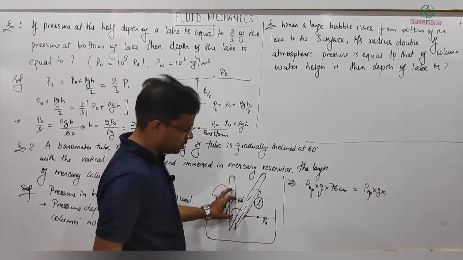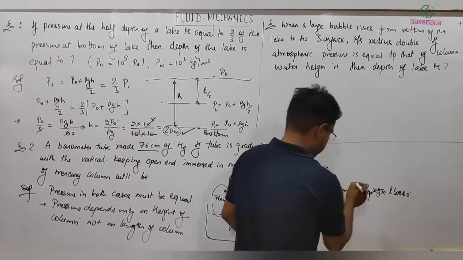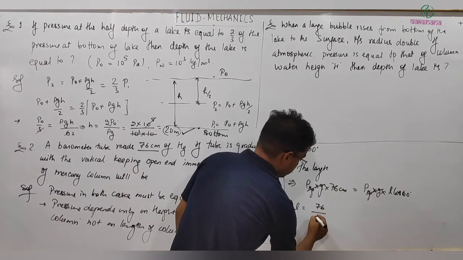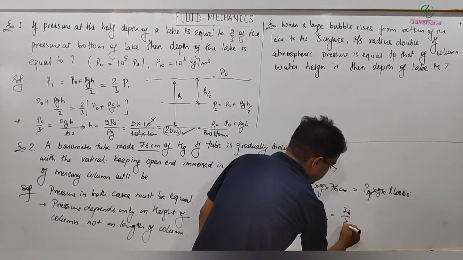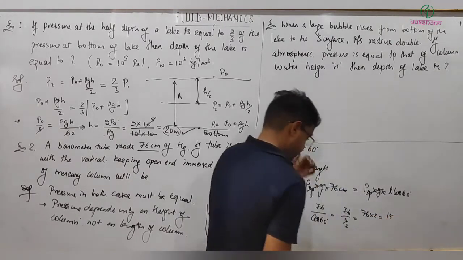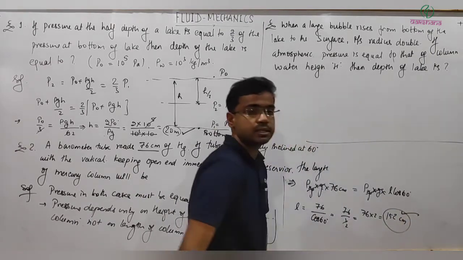Vertical height will be L cos 60 degrees. This cancels, and L is equal to 76 divided by cos 60 degrees, that is 76 divided by 1/2, 76 multiplied by 2, that is 152 centimeter. This is the answer to this problem.